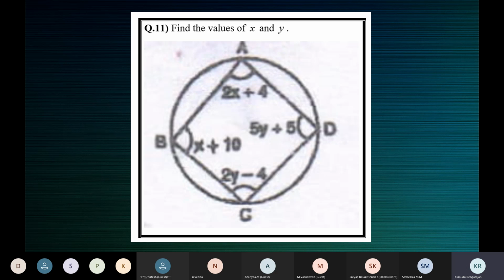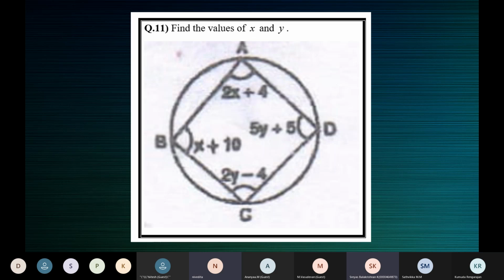Okay, we need to use the property. What property? ABCD is a quadrilateral. What kind of quadrilateral is it? It is a cyclic quadrilateral. What is the property we know about the opposite angles in a cyclic quadrilateral?